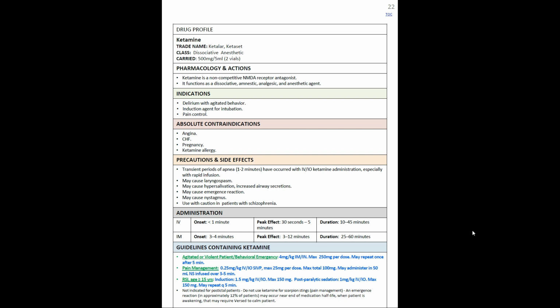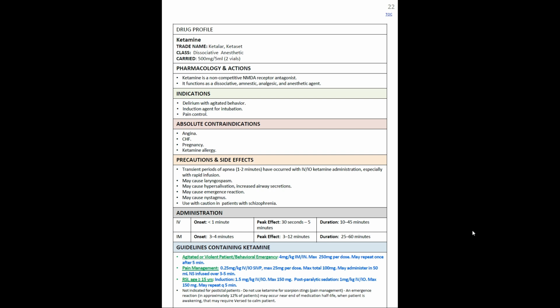So if the patient is, let's say, having an NSTEMI or STEMI, we would need to follow the ACS protocol for treatment of pain and not give ketamine, as it's not listed in that protocol. So just be cautious of that. CHF, pregnancy, and ketamine allergy are also contraindications.